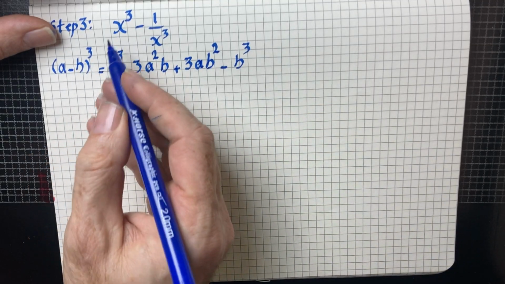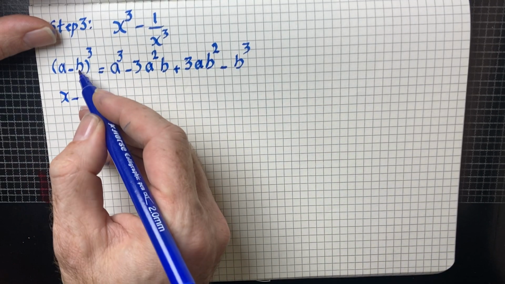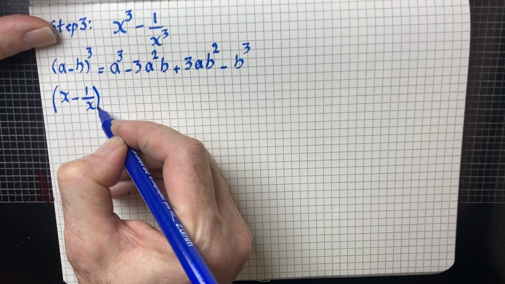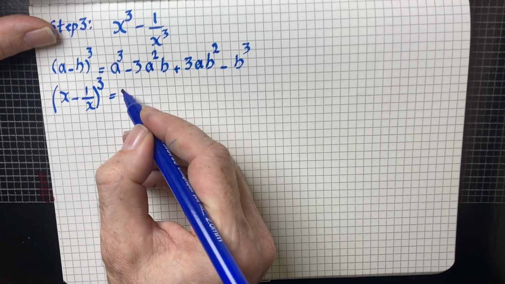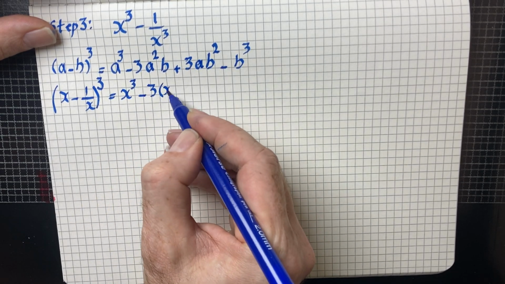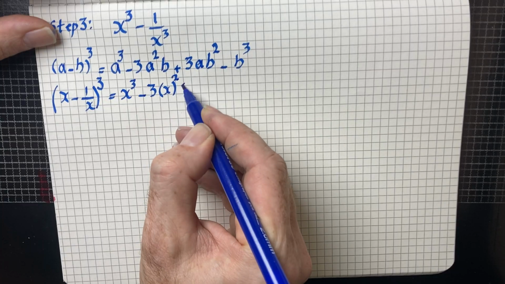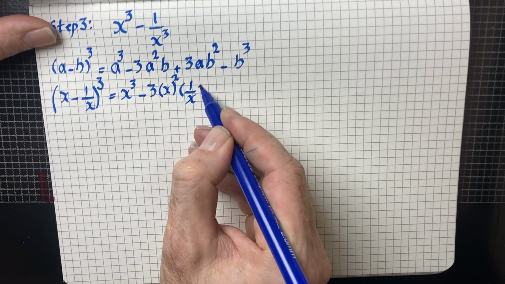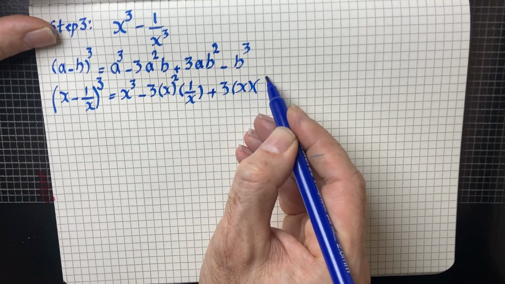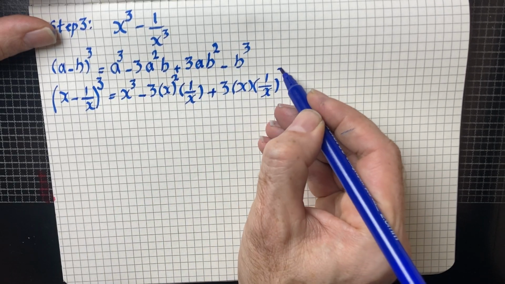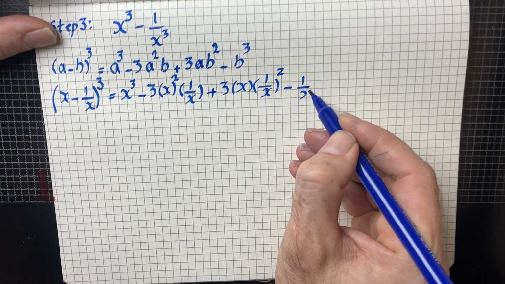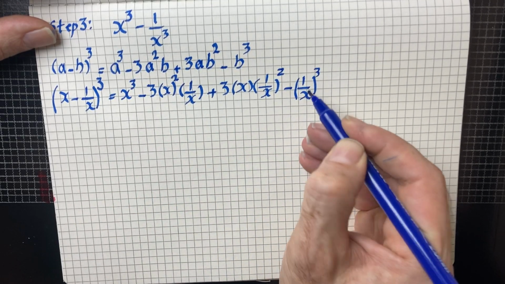So here a is going to be x, b is going to be 1 over x. So first term cubed, minus 3 times the product of the first term squared and the second term, plus 3 times the first term times the second term squared, and finally the second term, which means 1 over x cubed.